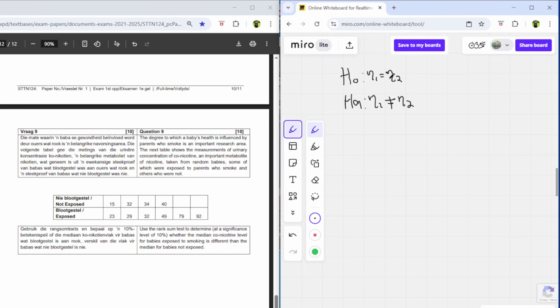So this is how we write our median. We use the N, not the U, like we did with questions 3, 4, and 5, I think.